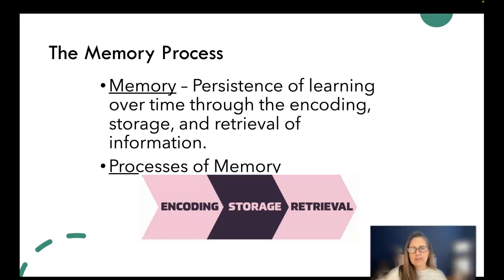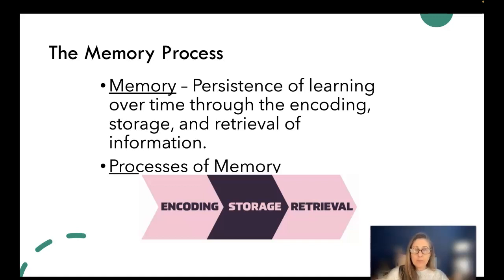And they suggest that much like computers are information processors, humans are also information processors. So they use those terms: encoding, storage, and retrieval, and those terms are the processes of memory.